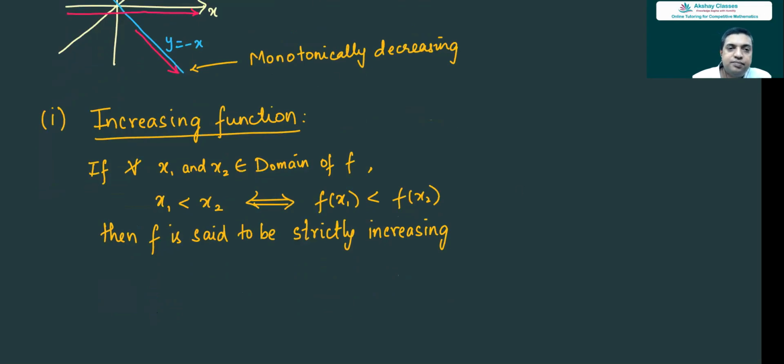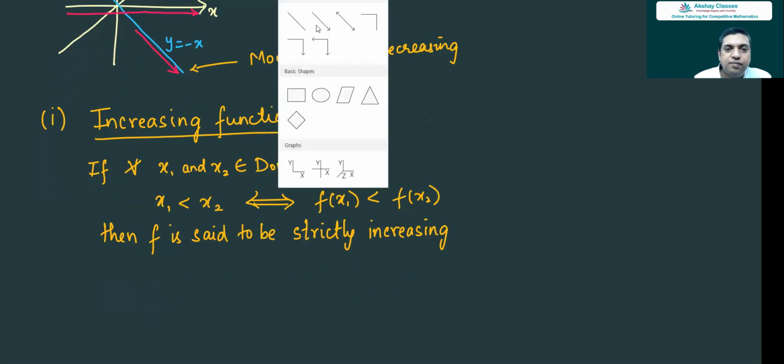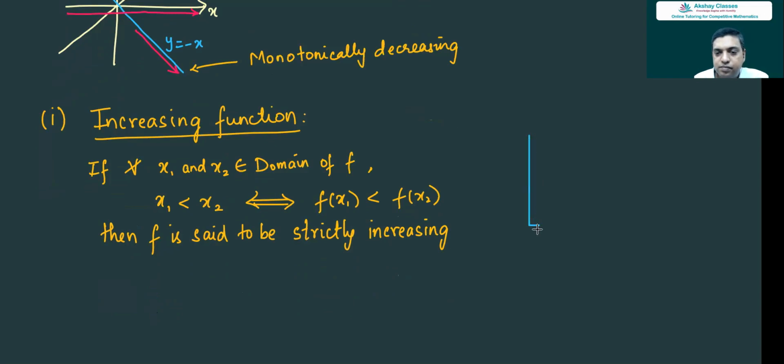That means, look at the graph. A very simple way of explaining: x1 is a smaller number, x2 is a larger number. The function value at x2 is larger than the function value at x1.